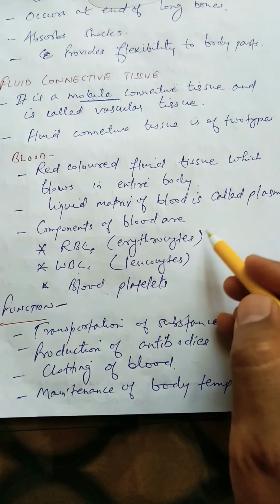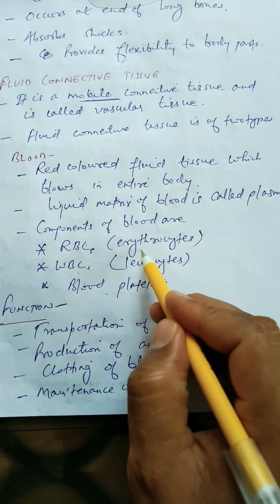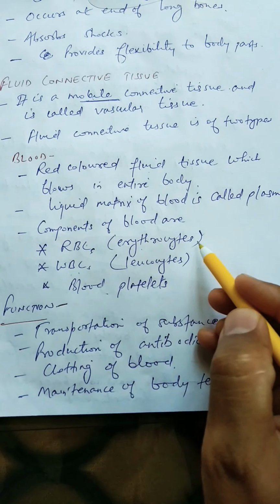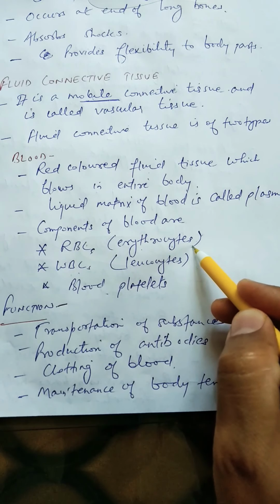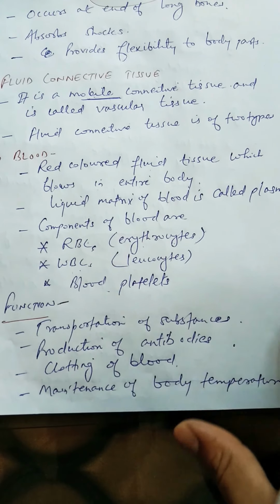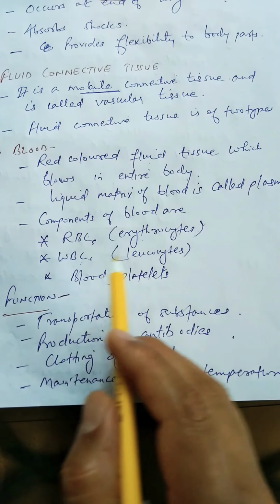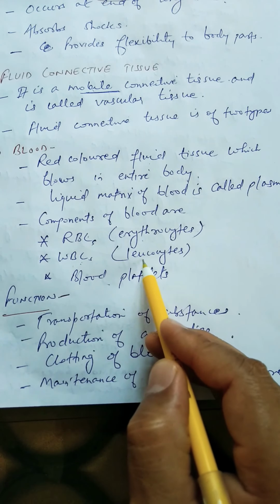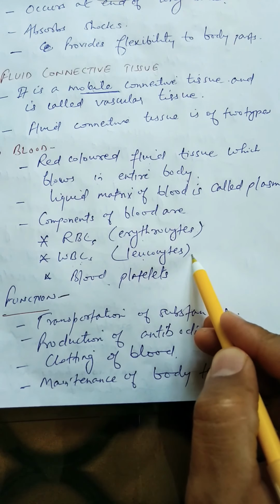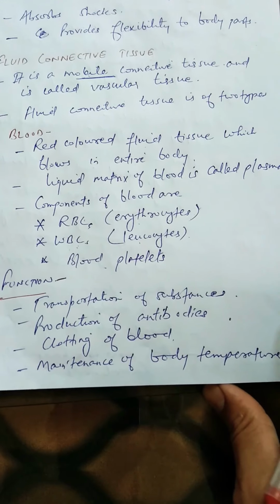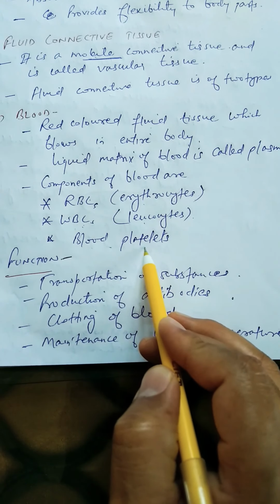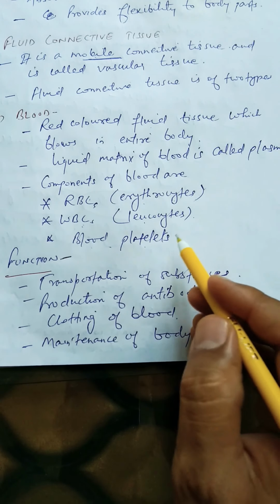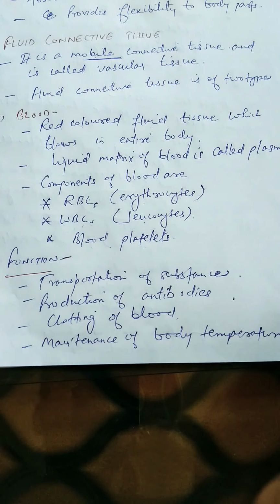Red blood cells, also known as erythrocytes, help in transport of oxygen. White blood cells, also known as leukocytes, help in protection of body from infections. And third one is blood platelets, a very important component of blood, which helps in clotting of blood.